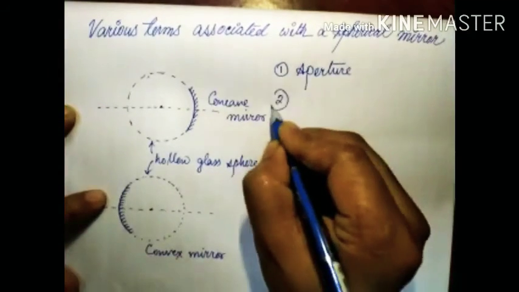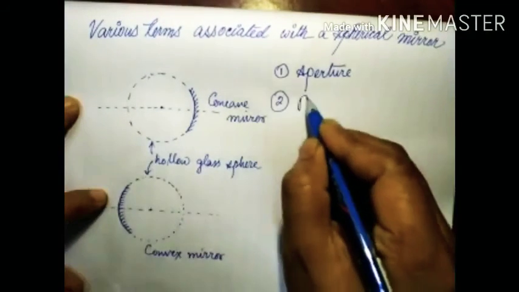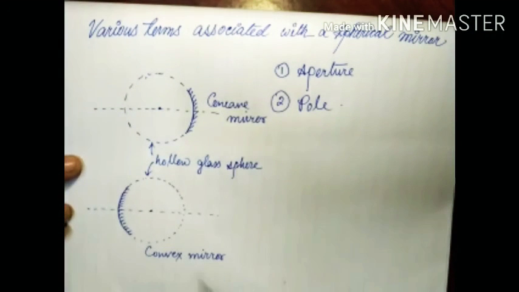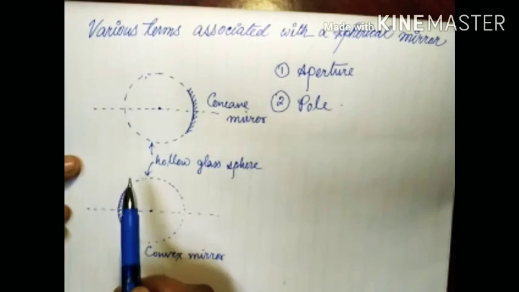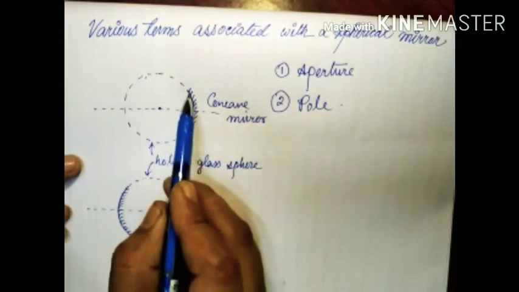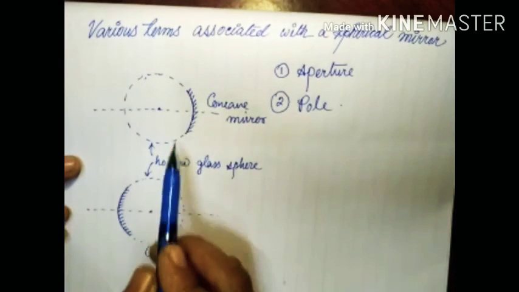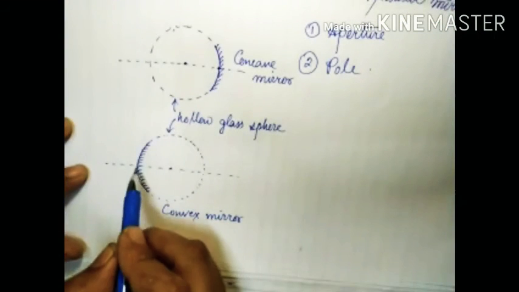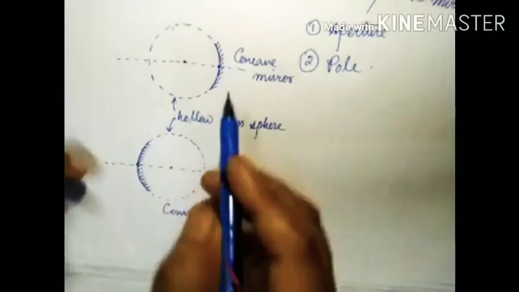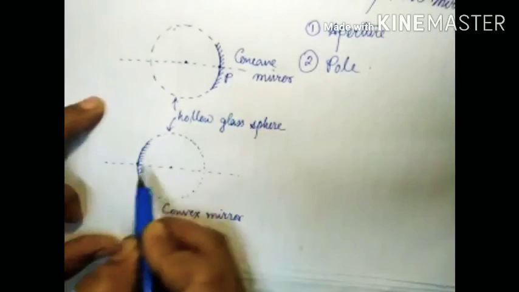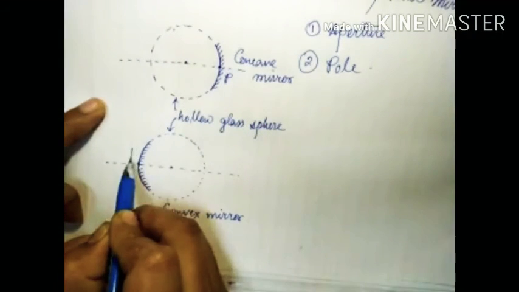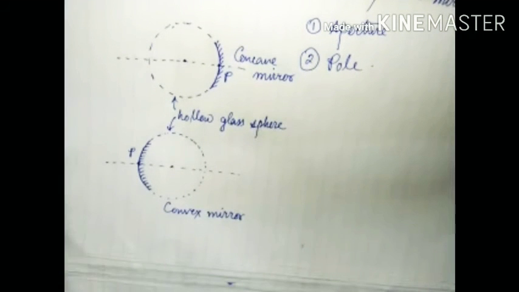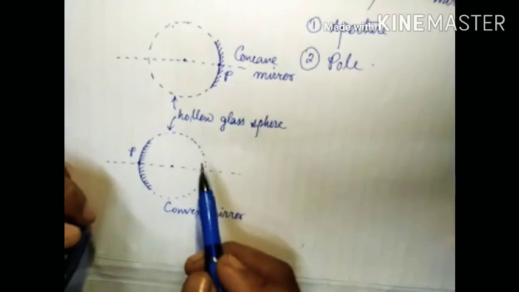Next is the pole. So what is the pole? The center of a spherical mirror is called its pole. So if this is the concave mirror, this is the center. If this is the convex mirror, this is the center. Now see, it is a little bit confusing. For pole we write P. We denote pole with P. Now why is it confusing?